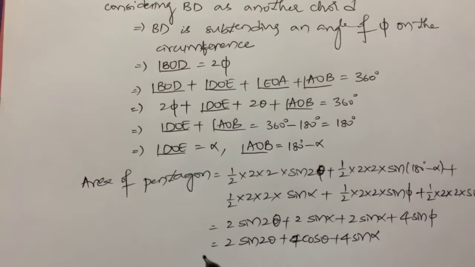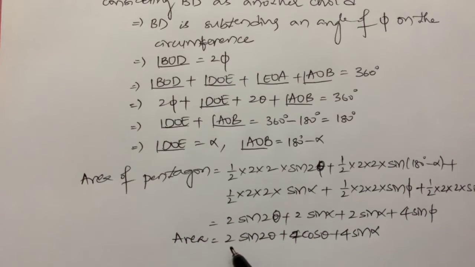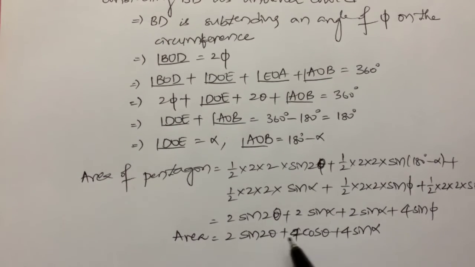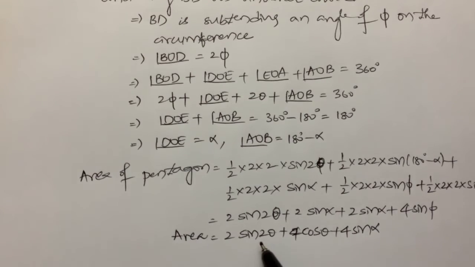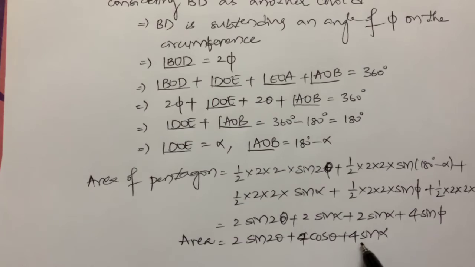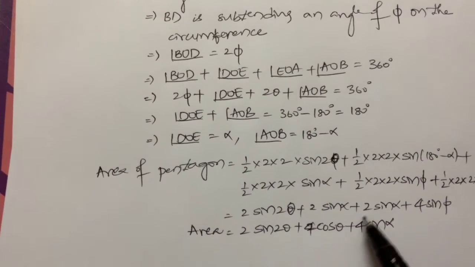If the area is maximum, then alpha and theta are independent variables. So alpha should be maximum. Here we have theta in two terms, but only sine alpha has alpha.